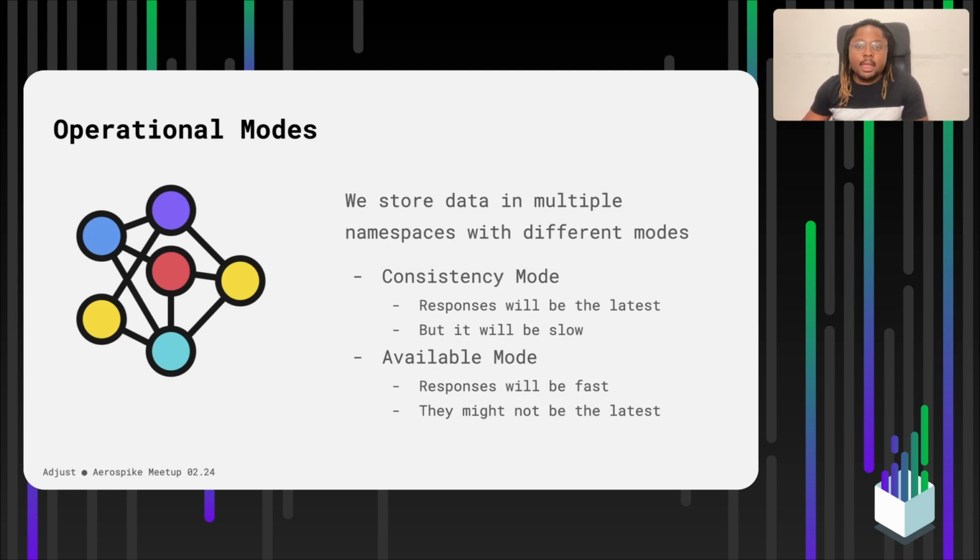In a consistent mode, you will get the latest response for every request, but it will be slow. And in an available mode, you will get fast responses, but there's no guarantee on the freshness of the data.